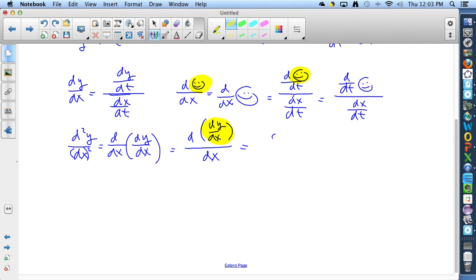So I'm just going to write the derivative of smiley face with respect to t over the derivative of x with respect to t.